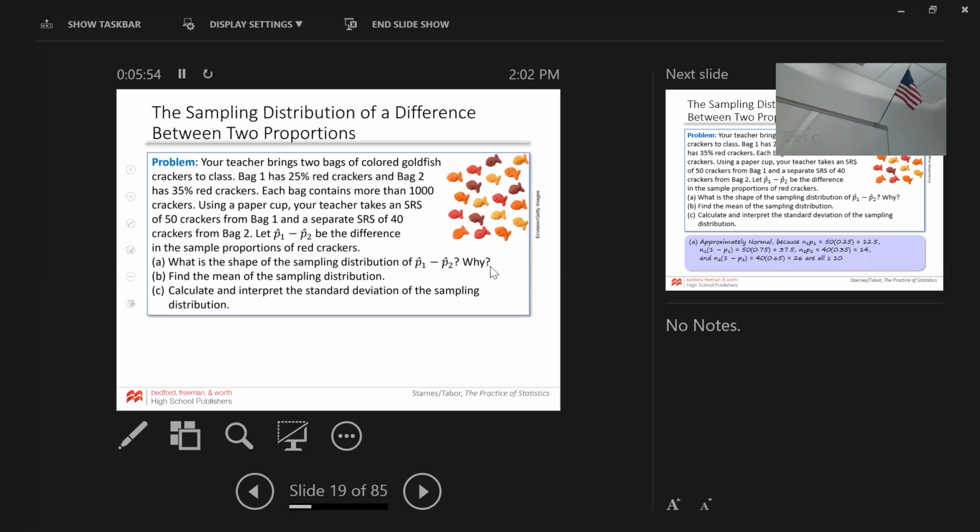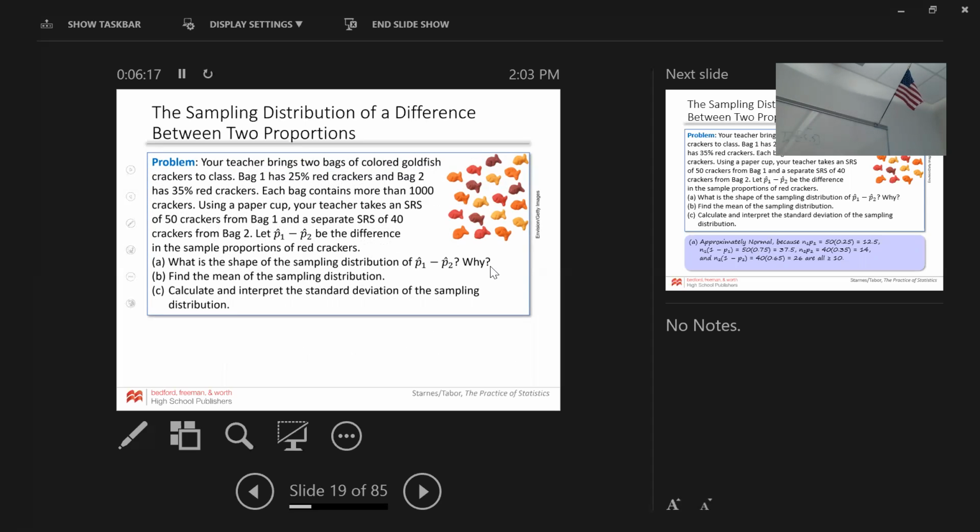Another example, we've got goldfish crackers, but I want goldfish with different colors. So bag one is 25% red crackers. Bag two is 35% red crackers.